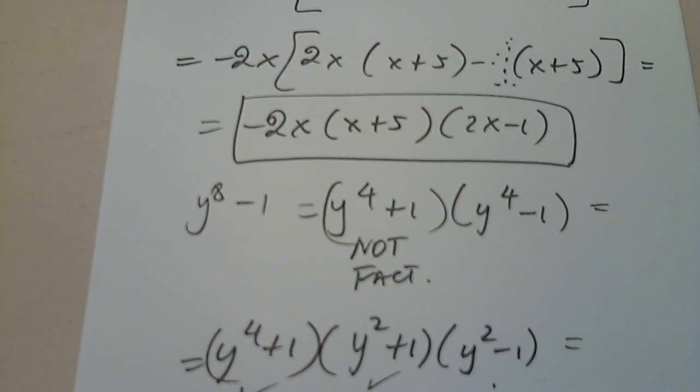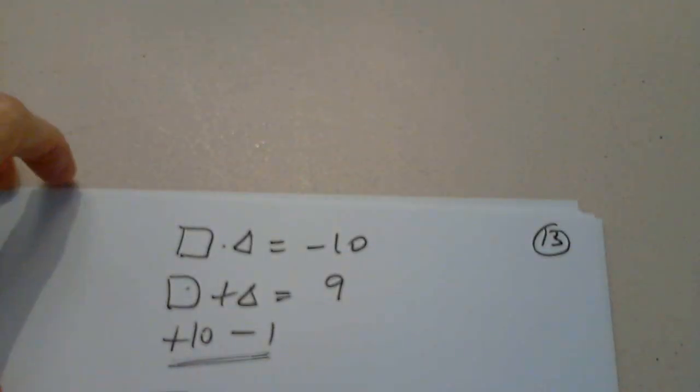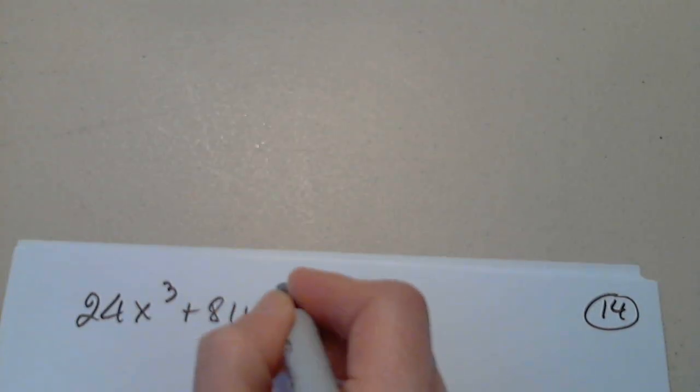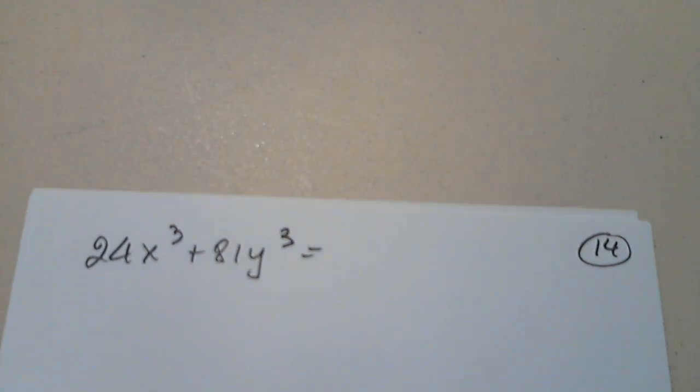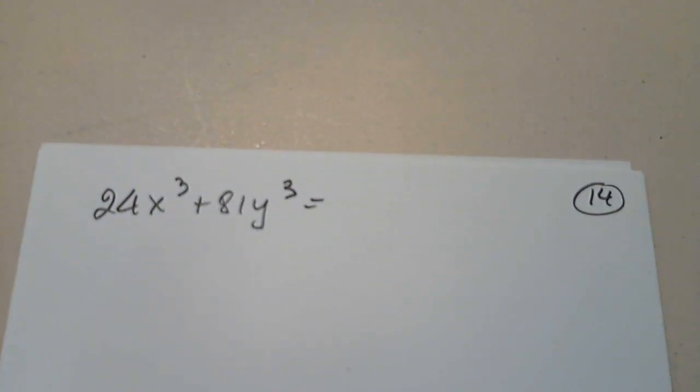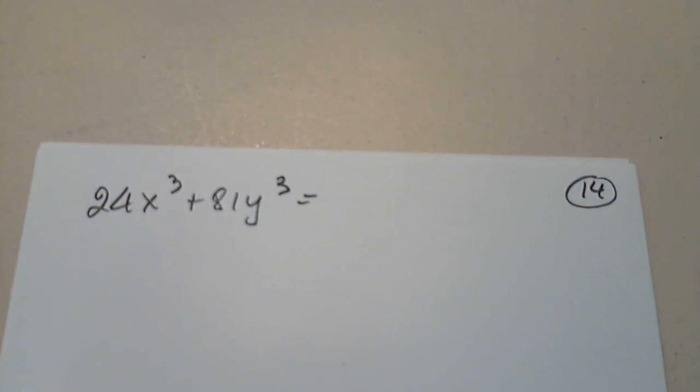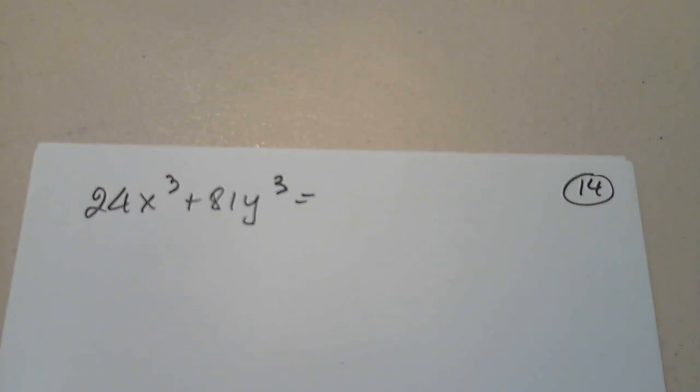Allow me to change the R and J to X and Y. This is a good one. 24x to the 3rd plus 81y to the 3rd. So if you do not factor out the greatest common factor, most probably you will not be able to factor this.